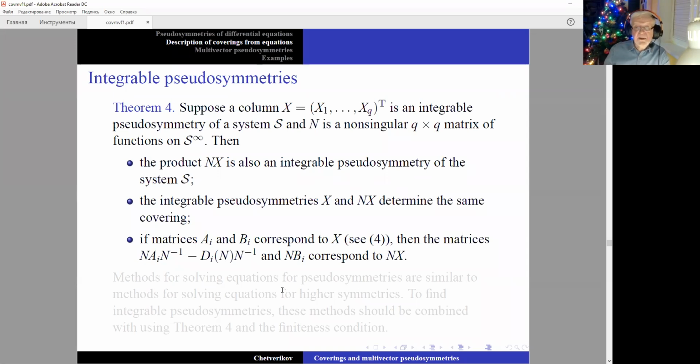Namely, any integrable pseudosymmetry determines an integrable distribution, and any basis of this distribution is also an integrable pseudosymmetry.